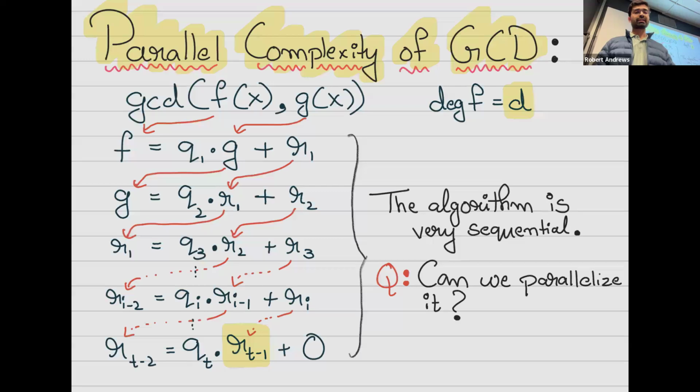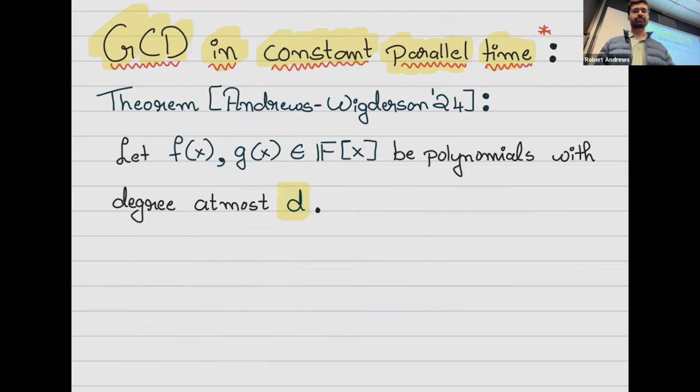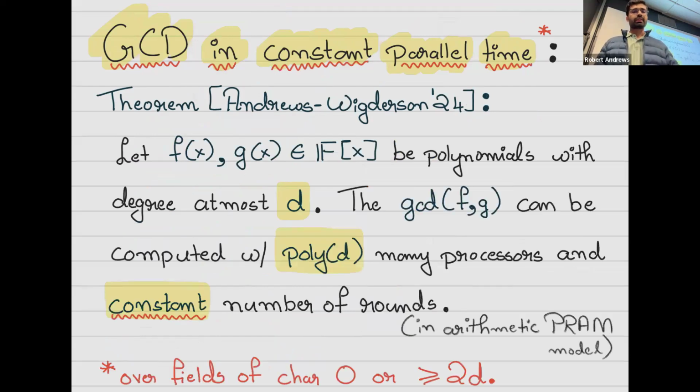Surprisingly, by an awesome work of Robert and Avi Wigderson, we know that this is possible. They say: let f and g be two polynomials with degree at most d. Then we can compute the GCD of f and g with polynomially many processors and a constant number of rounds.